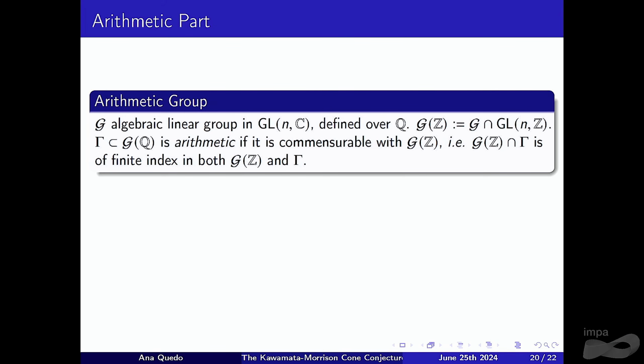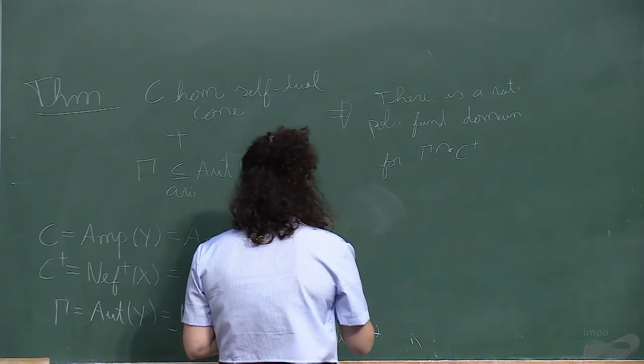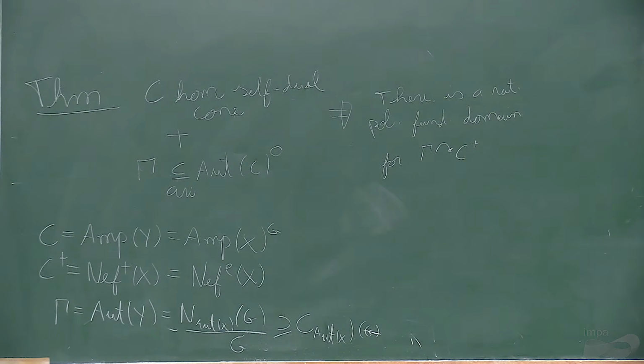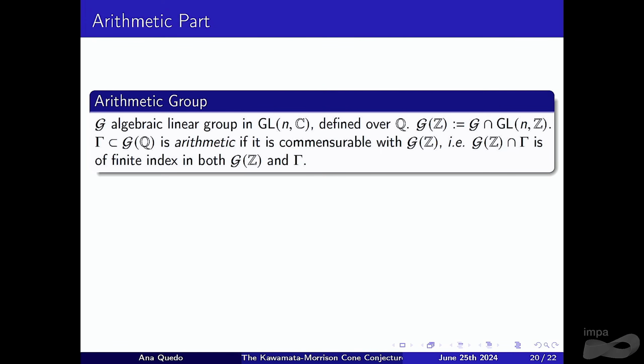What I want is, the first thing I'm going to do is define what is an arithmetic group. The idea of an arithmetic group is that if I have an algebraic linear group, so a group of matrices with complex entries defined over Q, I can define this GZ as the matrices with integer entries.